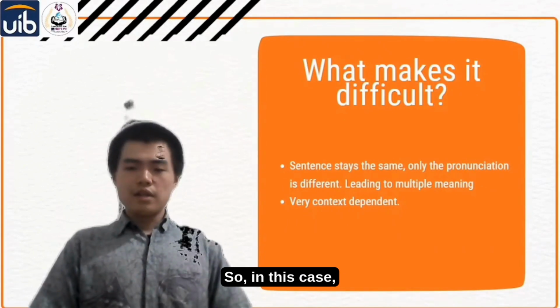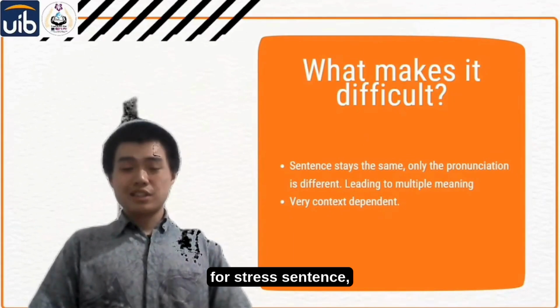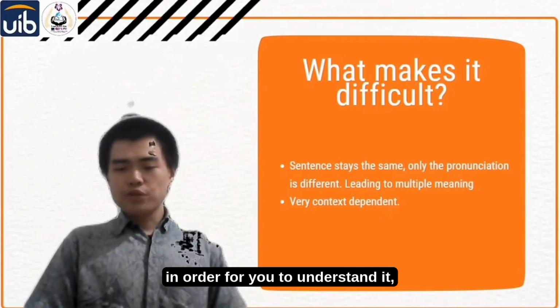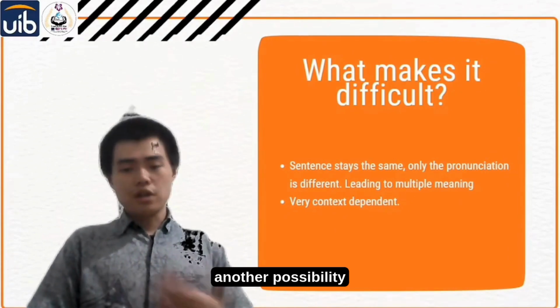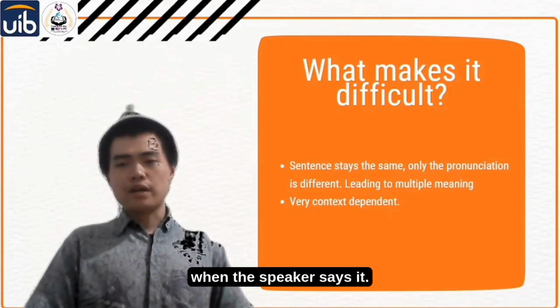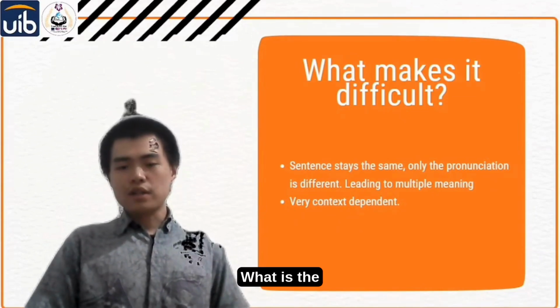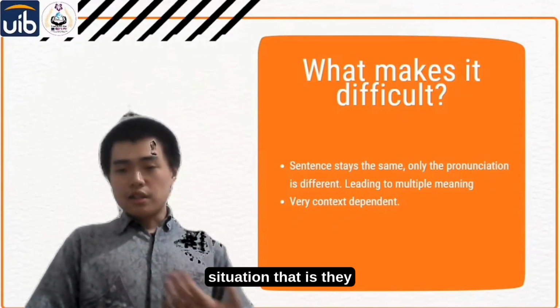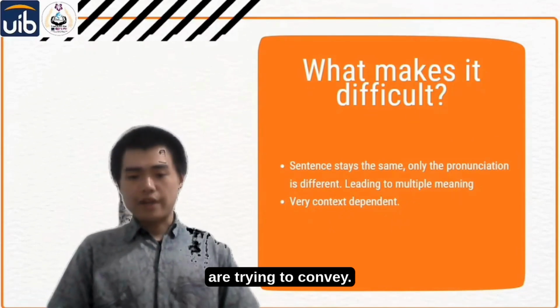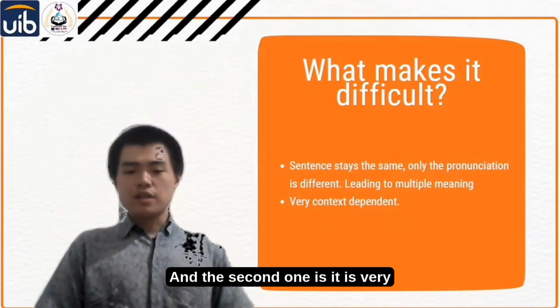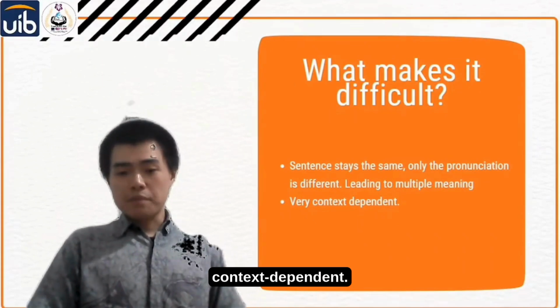So in this case, for stressed sentence, in order for you to understand it, you need to be open-minded and think of another possibility, what is the situation that they are trying to convey, right?